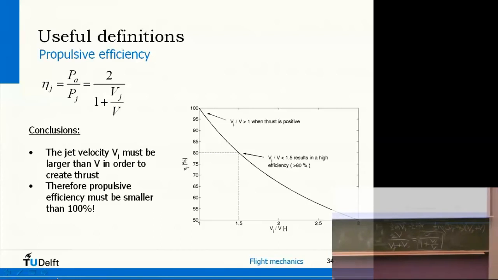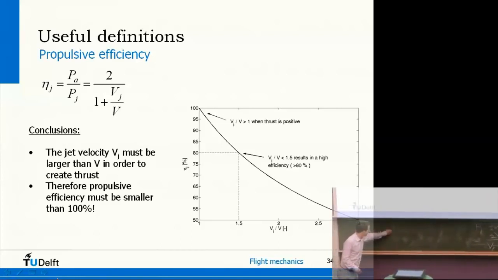Okay? Now, if you take that equation, then if Vj is equal to V, then you would find that propulsive efficiency is 1, which is 100%, which is good.